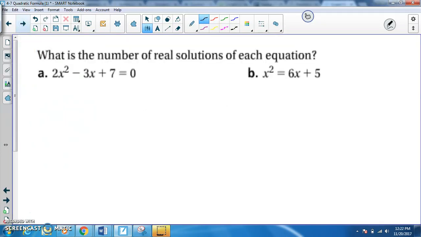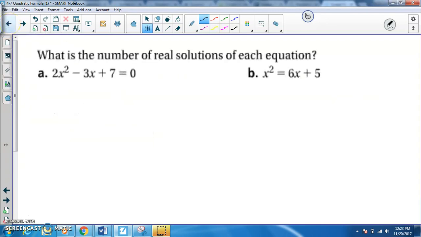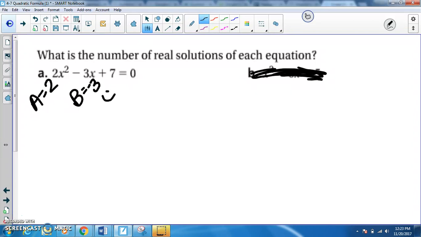What is the number of real solutions of the equation? So we're going to do A, and you're going to do B for your you try it. But for A, we are in standard form, so a equals 2, b equals negative 3, c equals 7.